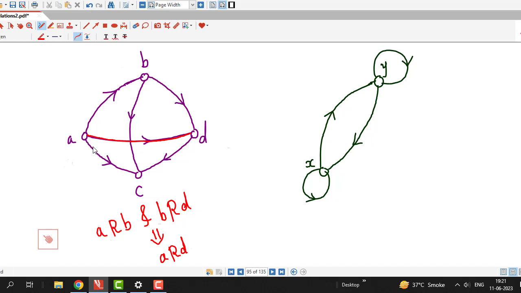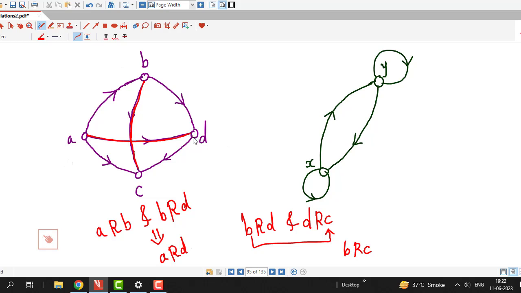Now here A is related to C, but C is not related to any vertex. Similarly, we can check for B. B is related to D and D is related to C. So we must have B related to C. So here we can see B is related to C. And similarly, D is related to C, but C is not related to any other vertex.